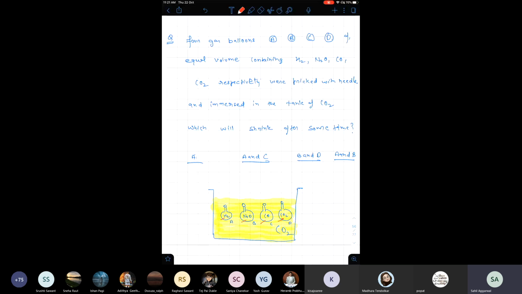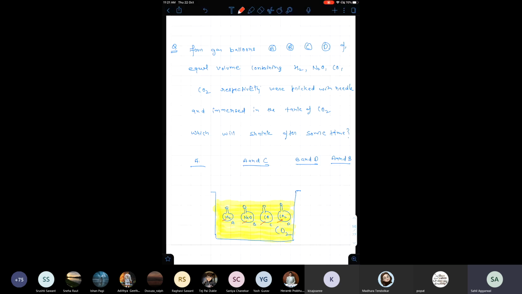H2 will try to go out. N2 will try to go out. CO will try to go out, and CO2 will try to go in. If the rate of coming outside is more, then they will shrink. If there is less rate for coming inside, then they will expand.